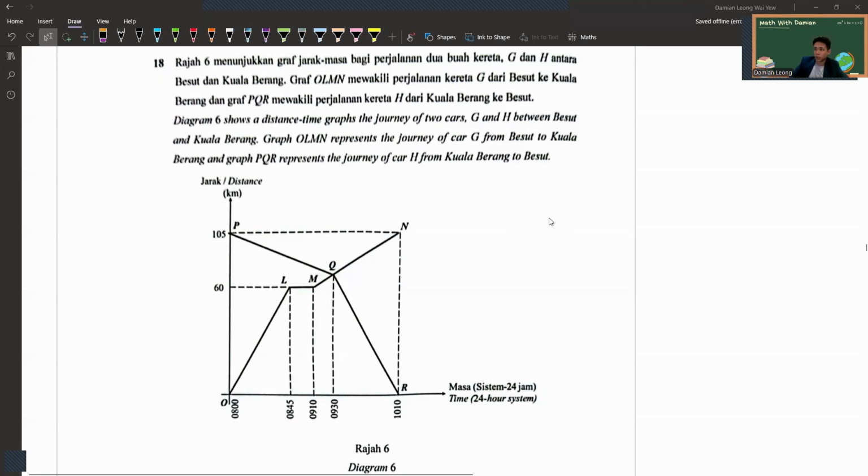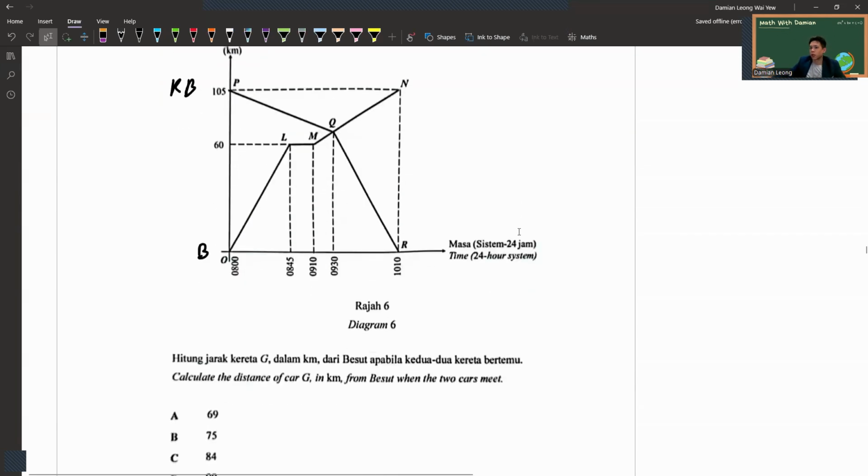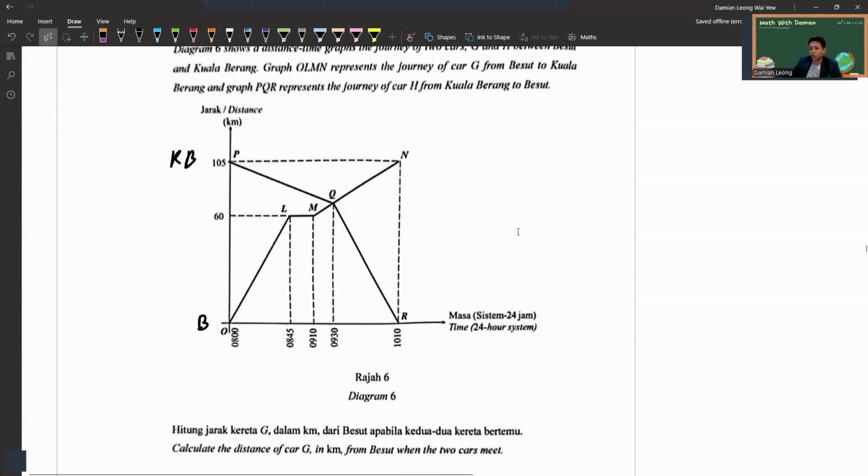So this is Kuala Berang, and 0 is where Besut is. I want to find the distance of car G in km from Besut when the two cars meet. When the two cars meet is the intersection point here. From Besut means this distance. So basically we need to find the distance here.